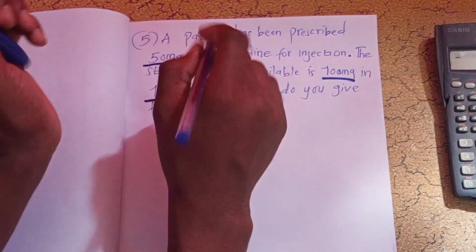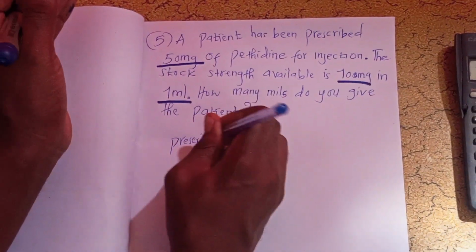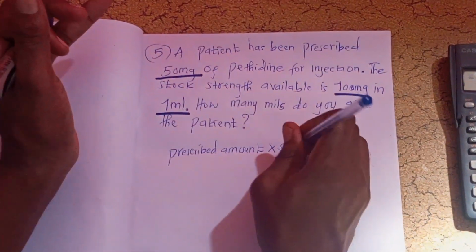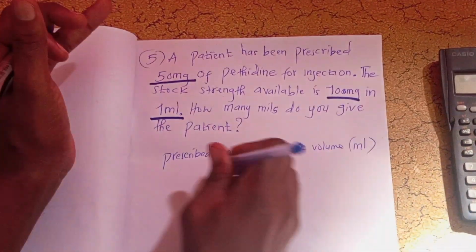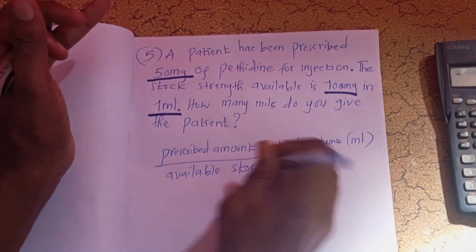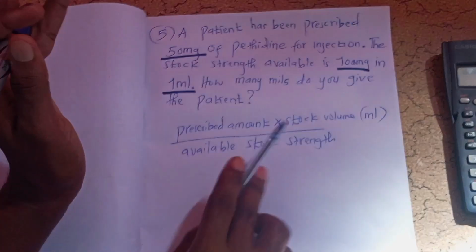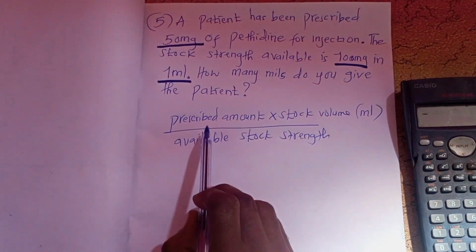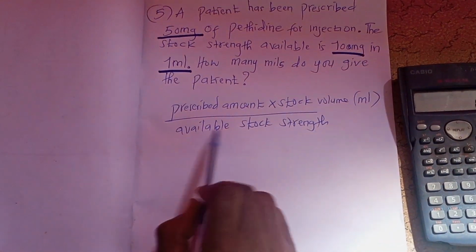Then you are supposed to apply the general formula, which is prescribed amount multiplied by stock volume, which is in ml, all over divided by available stock strength.